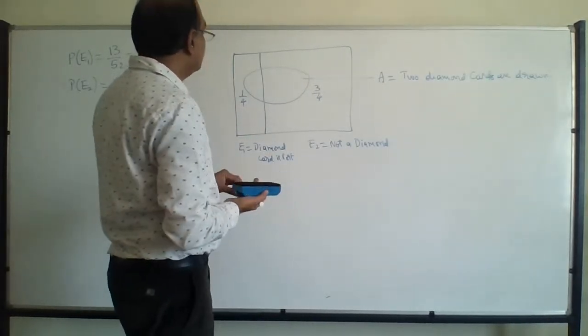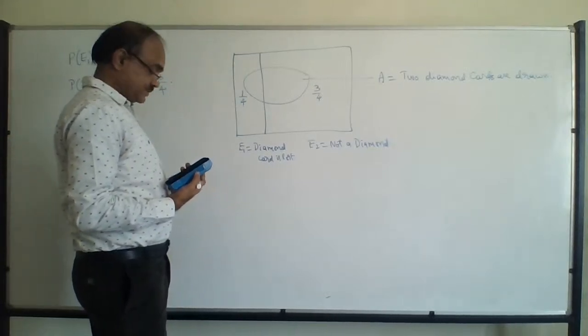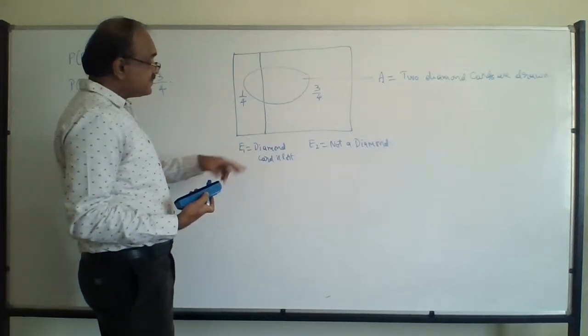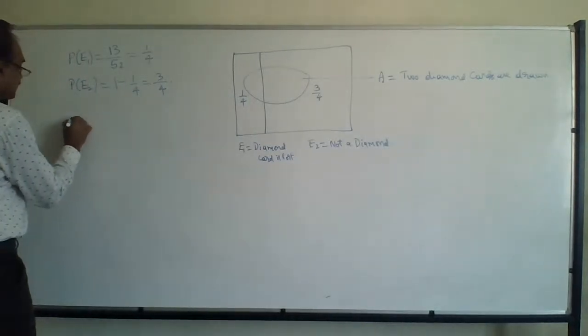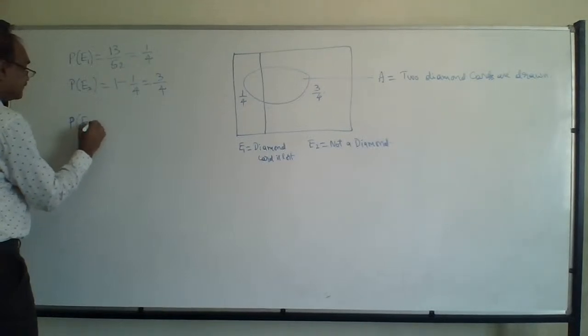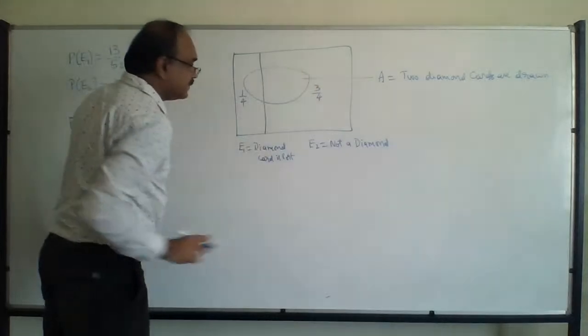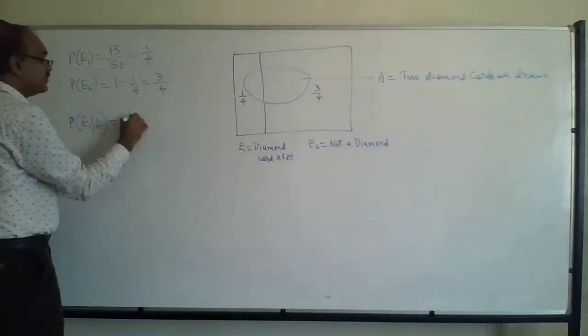What does it mean? So you should have got it from this one. Probability of E1 given that this event A happened. So write the formula. E1 on top.